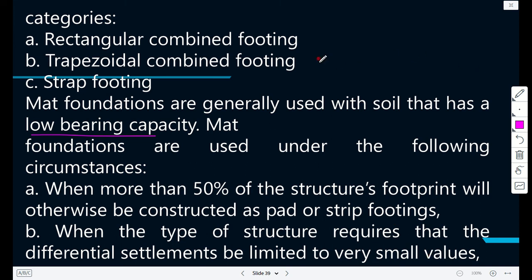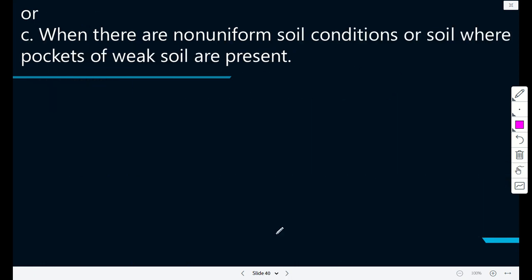You remember we said sigma is P over A. The pad increases the area to very high, so we reduce the stress, and hopefully the differential settlements will be limited.